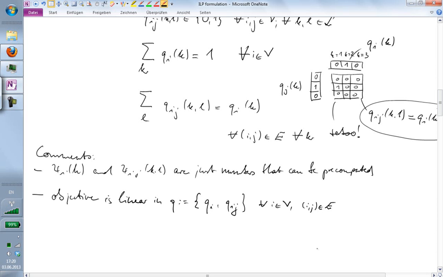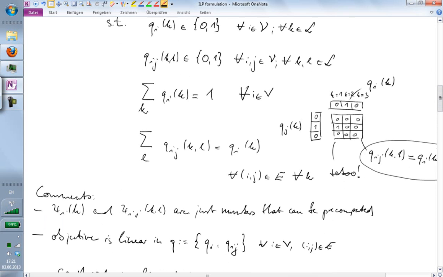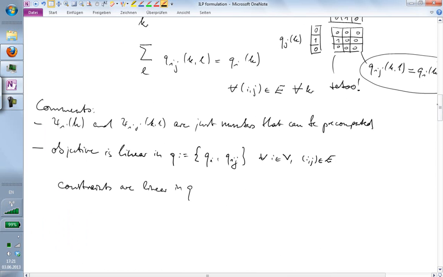So the objective is linear in Q, and so are the constraints, with the exception of the integrality constraint. So with the exception of the constraint that the solutions must be binary.